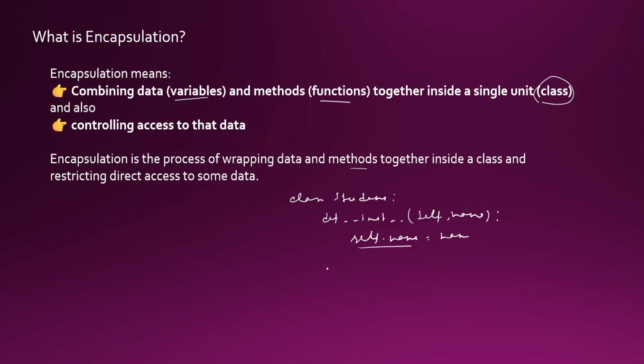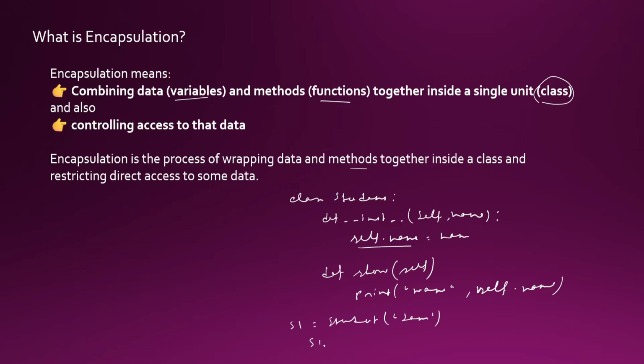Okay. Now we can define one method, that is show. Okay. Now we can write print name is my self.name, right? Now if we create any object, and here we can pass our value, that is Sam.